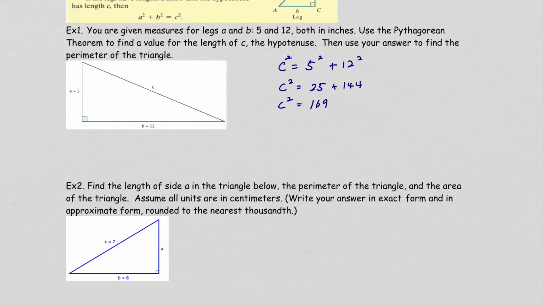In order to get rid of the square so we can solve for C, we're going to square root both sides. So when we square root both sides, the square will cancel out. And we need to put a plus minus sign on the other side of the equation. So we end up getting the square root of 169, which is 13.